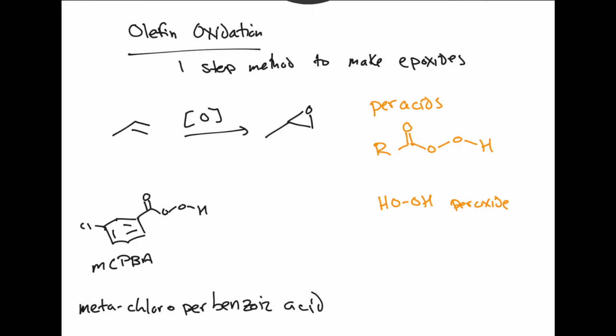If it wasn't for the extra oxygen, you'd be able to name that. But if it was just metachlorobenzoic acid, you'd be like, oh yeah, I know what that is, the biggie. So you have MCPBA, which is what I will most likely use as the oxidant on an exam.